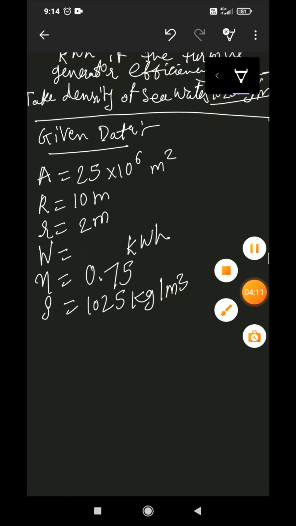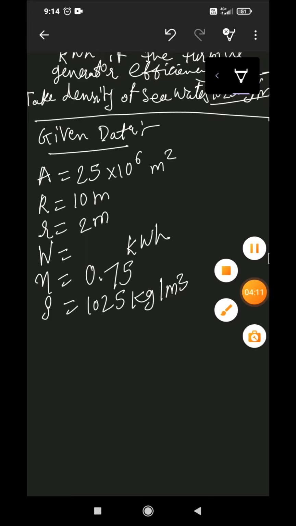So the average power will be work done upon time. So that is, as we know, rho g A (R square minus r square) upon 2 into 22350.